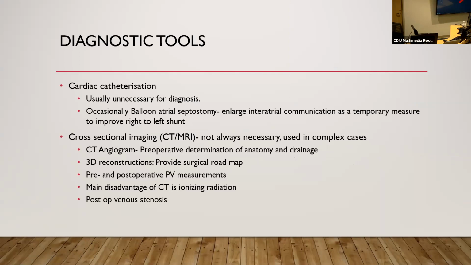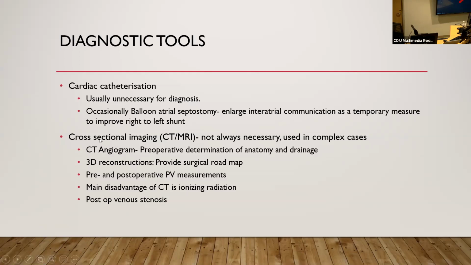Cardiac cath is not usually necessary because an echo is usually diagnostic. However, they may do a balloon atrial septostomy, where they enlarge the interatrial communication as a temporary measure to improve right to left shunting while preparing for surgery or definitive management.